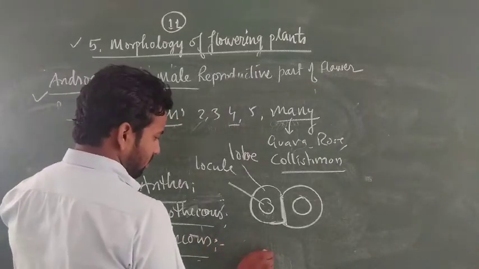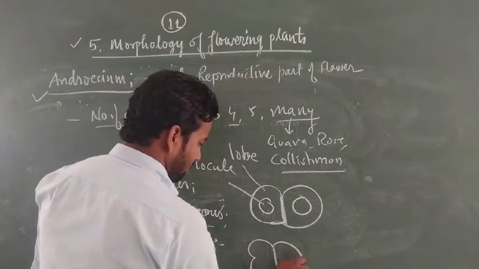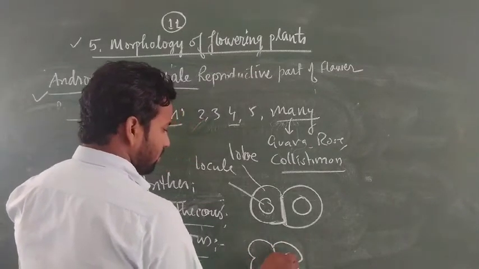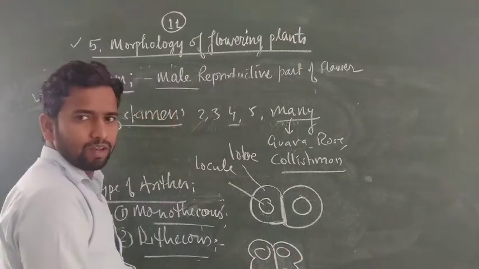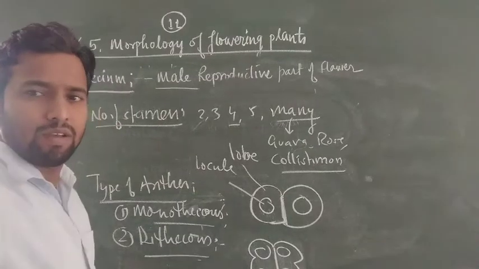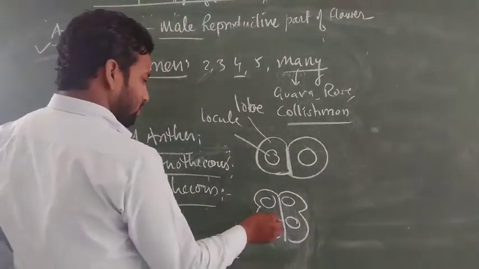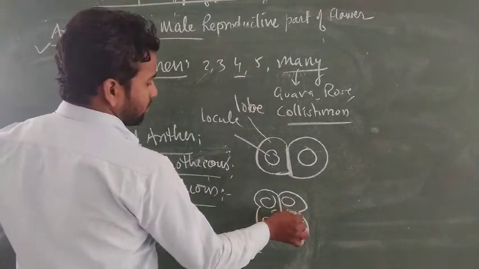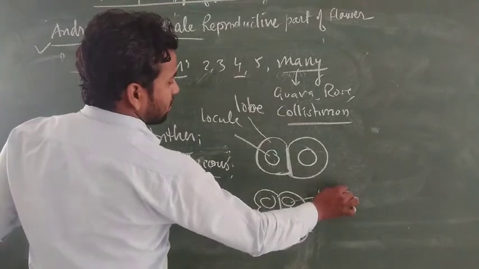And dithecous anther is the next case. In the dithecous condition, the anther forms 2 lobes but each lobe bears 2 locules. If the anther forms 2 lobes and each lobe bears 2 locules, this situation is called a dithecous anther.